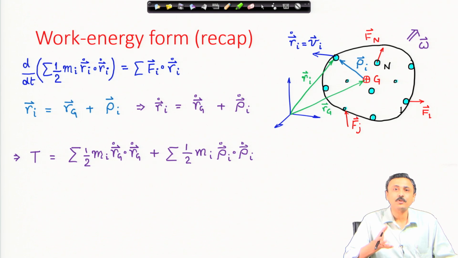The second term comes from motion of the particles about the center of mass, and for rigid bodies this rho i dot will be related to the angular velocity.